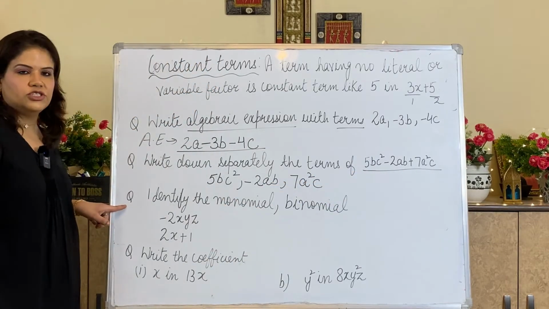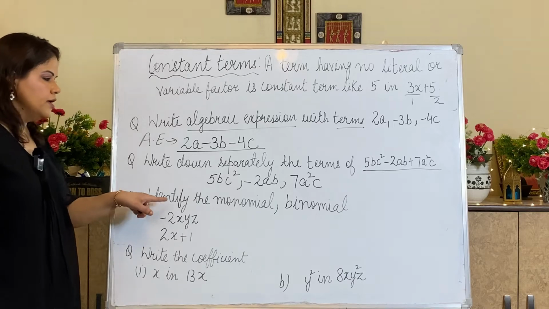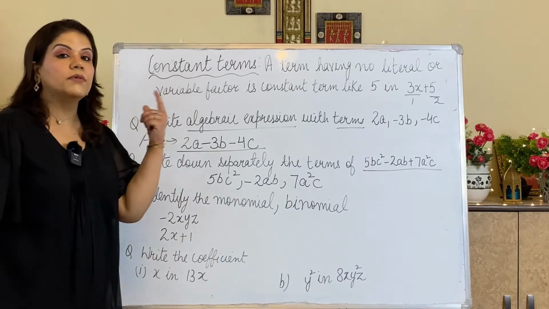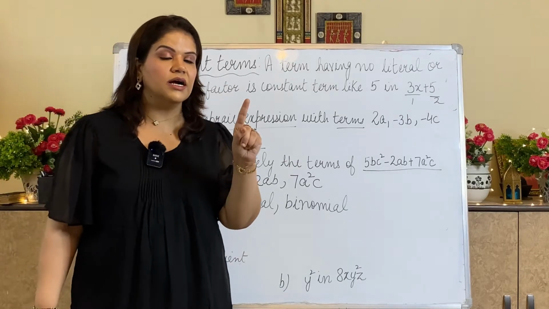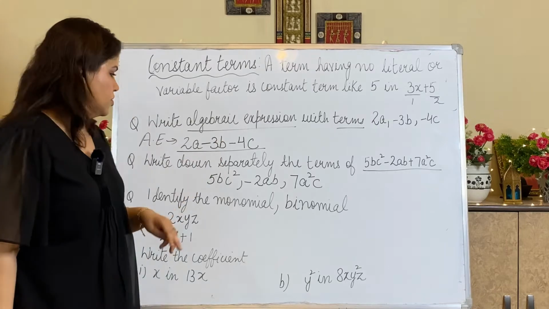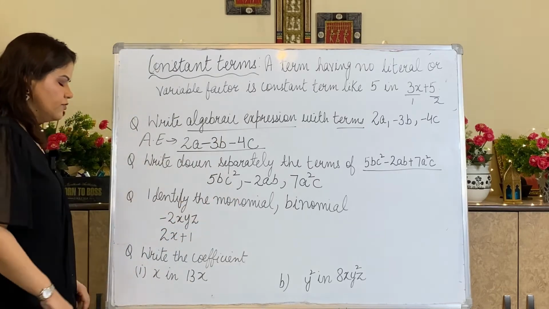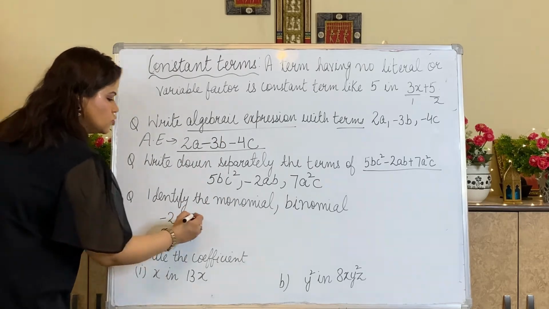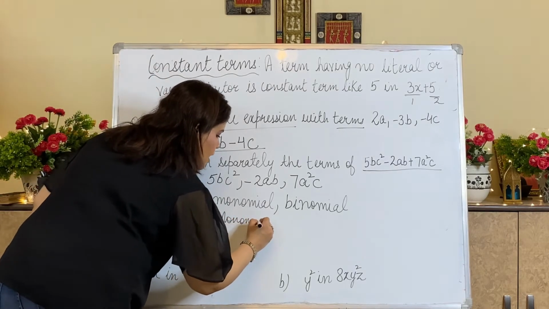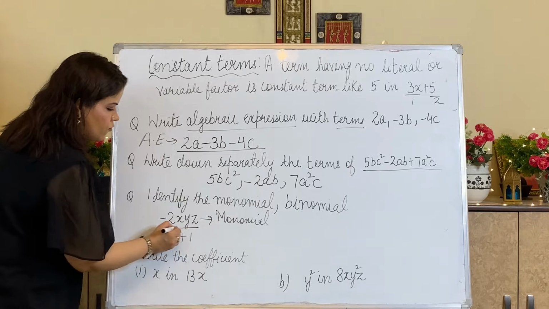Now my third question is, identify the monomial and binomial. Monomial means which has a single term, and binomial means which has two terms. So can you find out which one is monomial, which has one term? The first one is monomial because it has only one term.